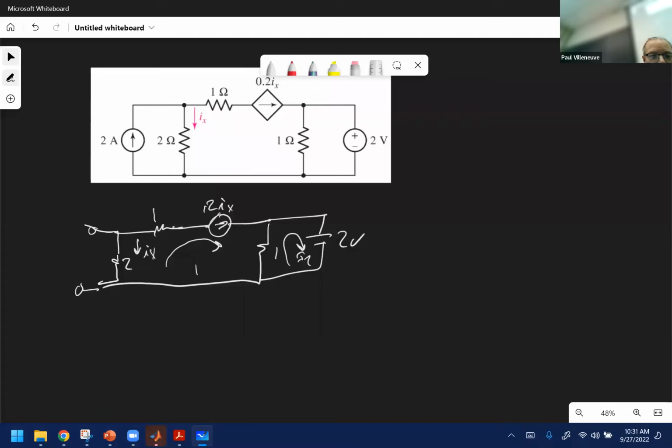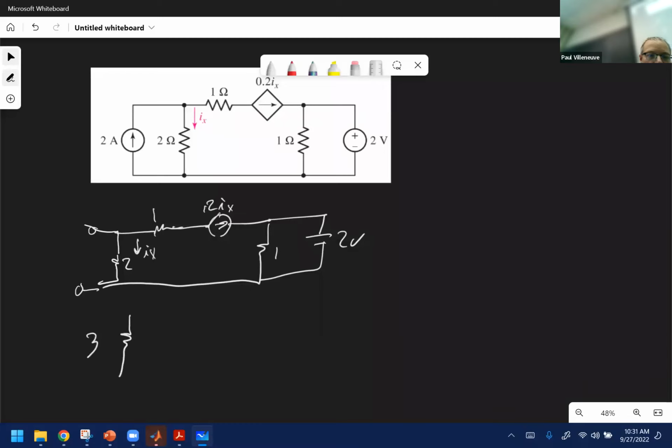So maybe what we'll do then is we'll try nodal on this one. Actually, do we want to do nodal or do we want to do something easier? Let's do this.